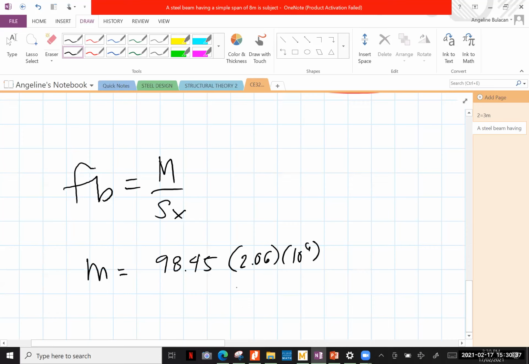Divide natin ng 10 raised to 6 para maging kilonewton meter. Yung lalabas na moment capacity is 202.81 kilonewton meter. So this is the answer for letter C.